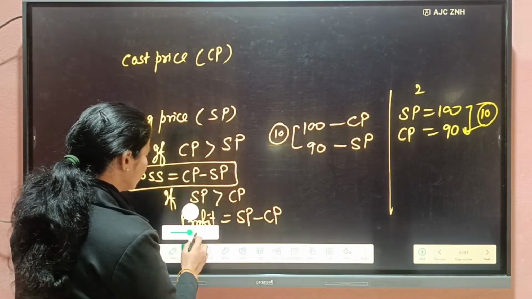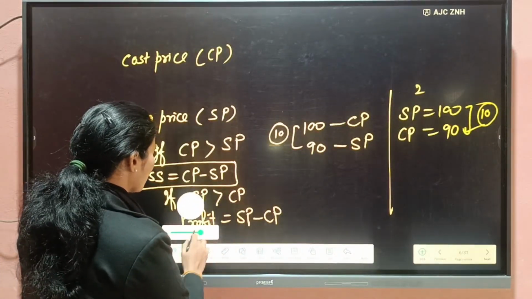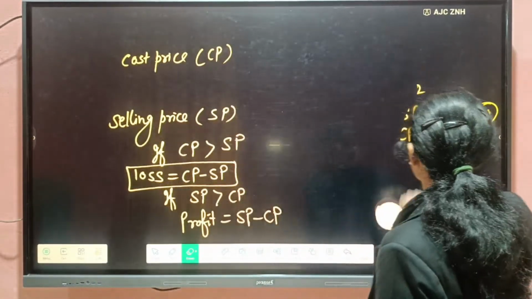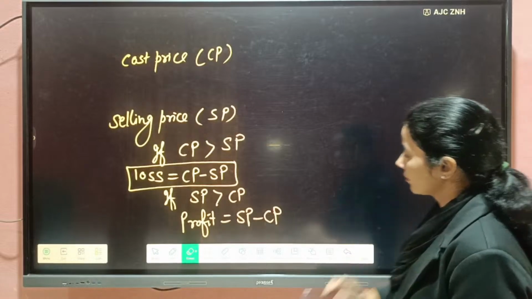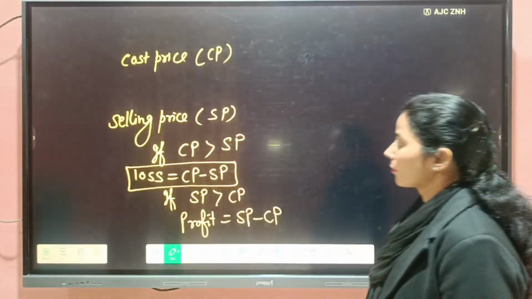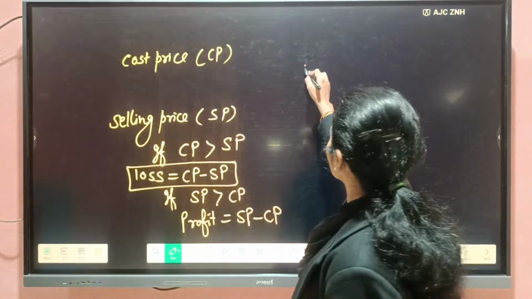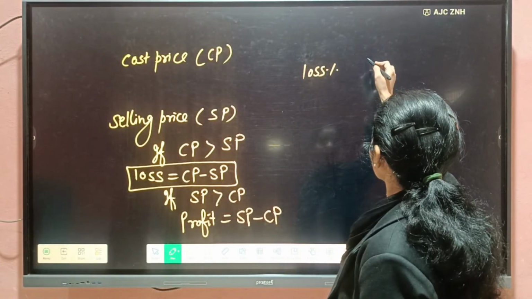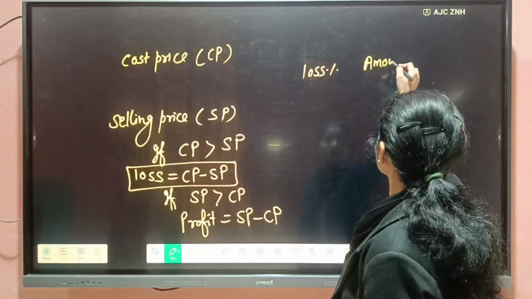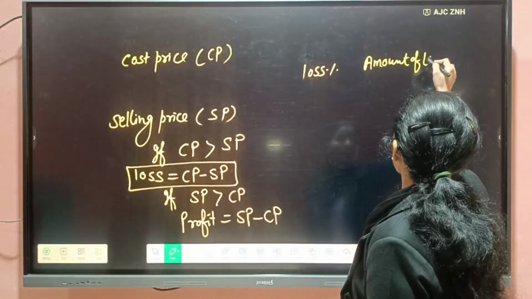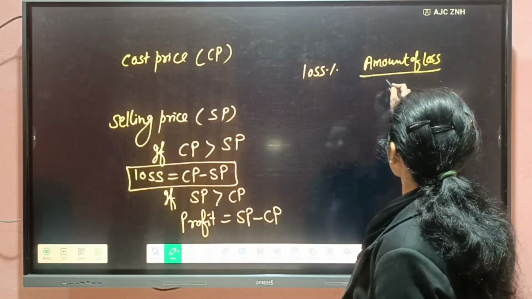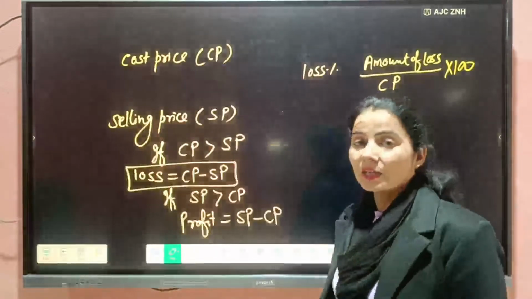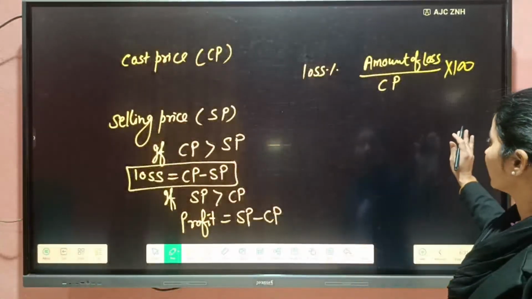Now see, if we have to find out this loss and profit in percentage, how we can find out? Loss percentage is amount of loss by cost price into 100.